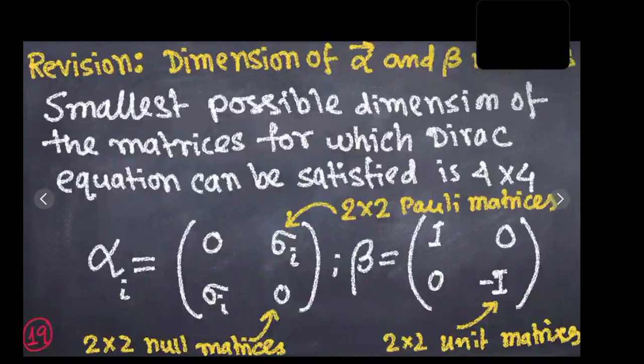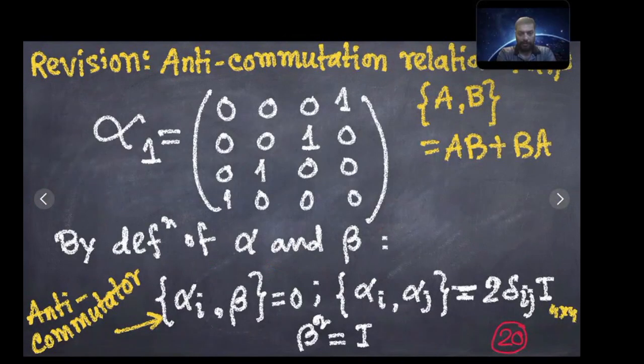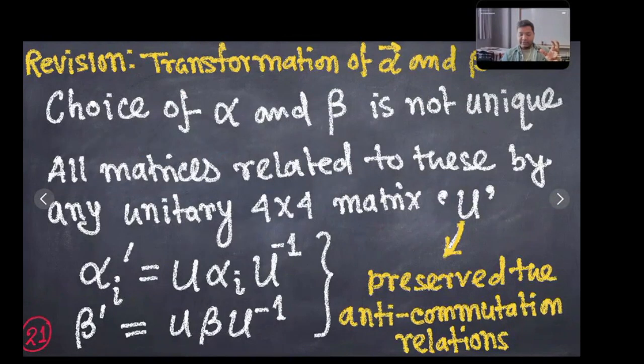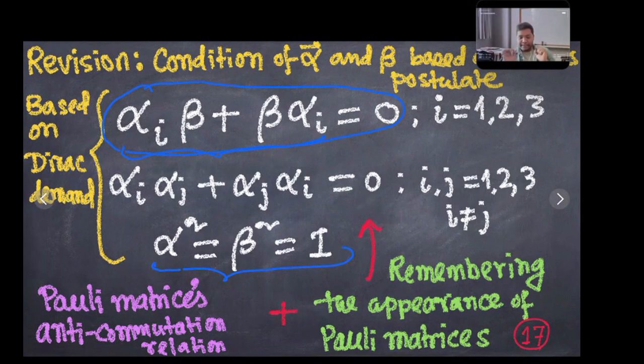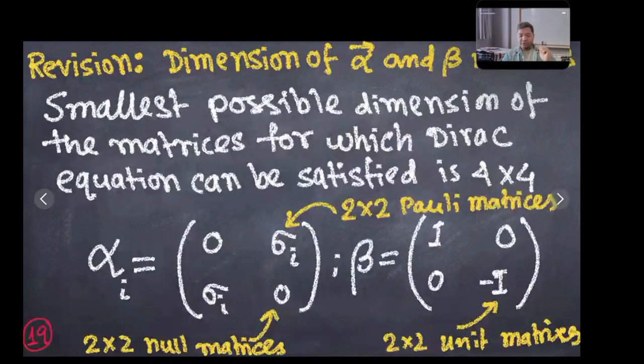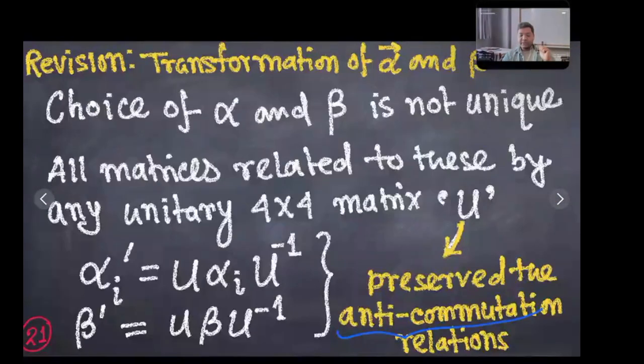Then we played a little with alpha and beta, and I also mentioned in the last class that when we choose alpha and beta, we need to keep a lot of things in mind, because we must be able to get the anti-commutation relation from the Dirac equation. So we cannot choose just any definition of alpha and beta; they should be unique.